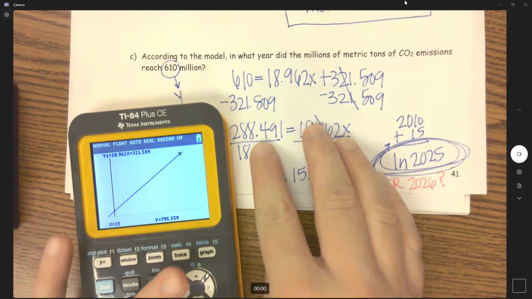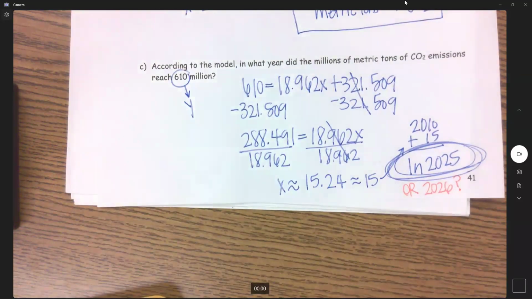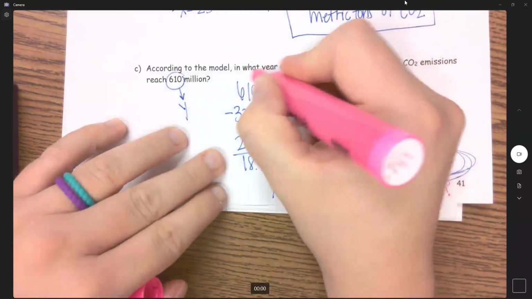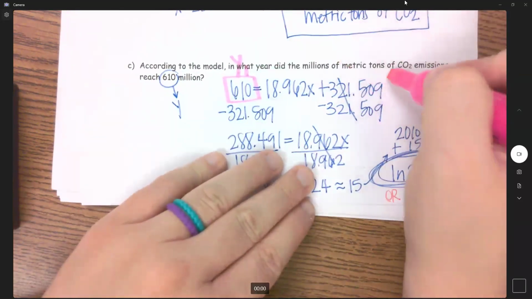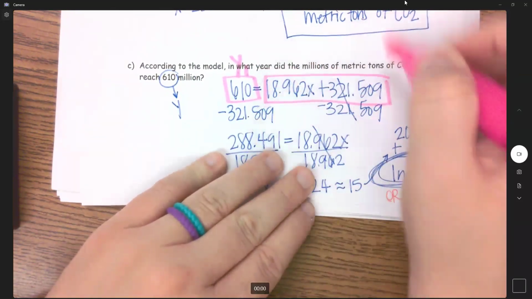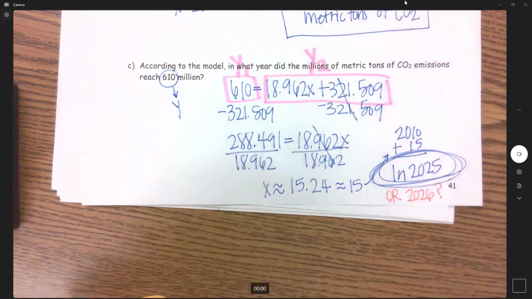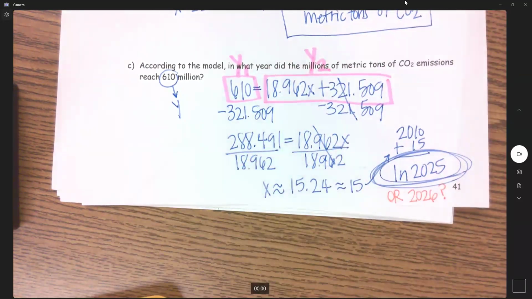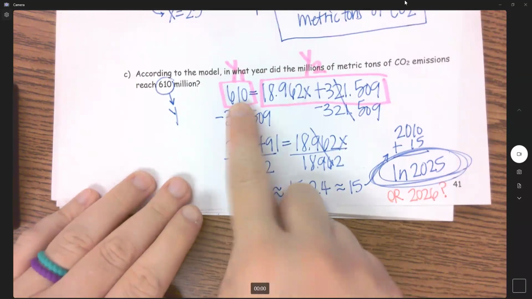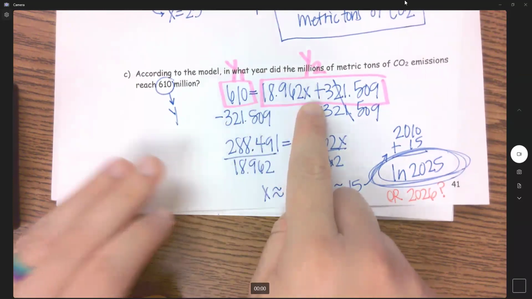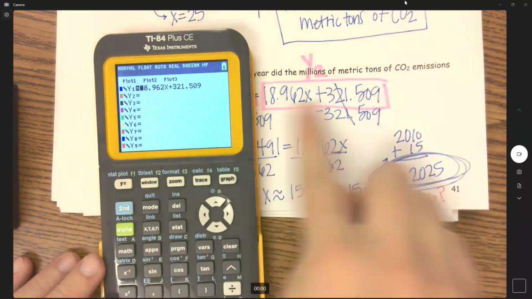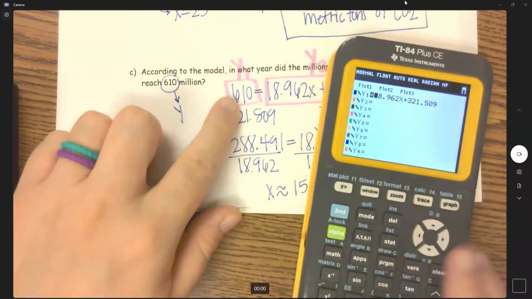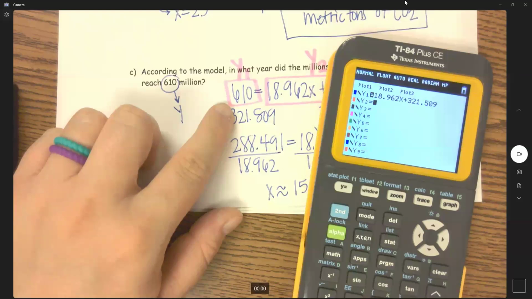So what I would want to do here, if I'm using my calculator, is set one side equal to y1 and set the other side as my y2. Now, typically we always do the left as y1 and the right as y2. But as I said, we've already put this side into my y1. So let's just put this one as my y2 now.